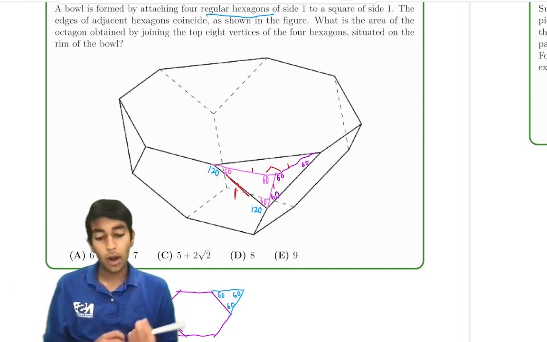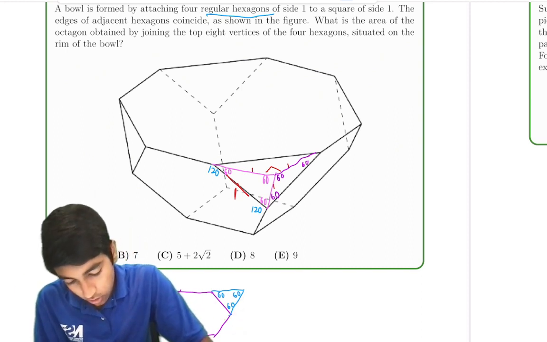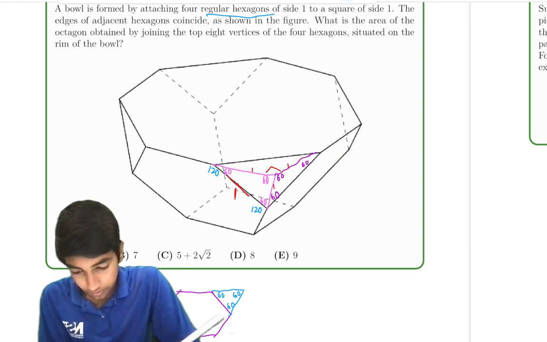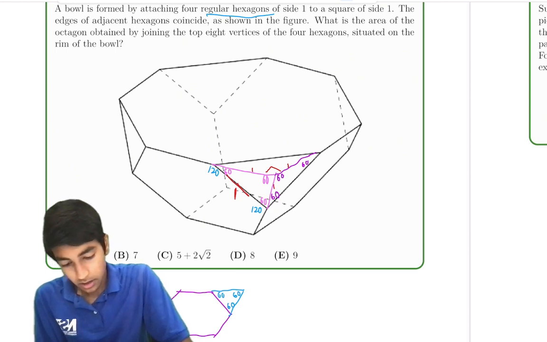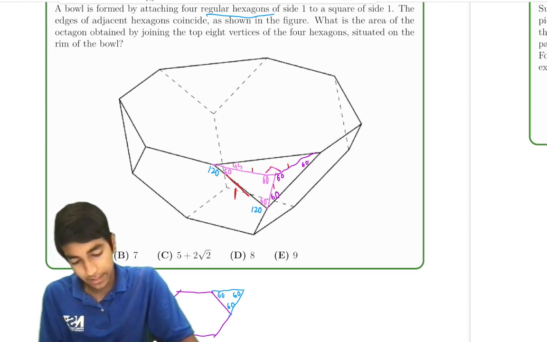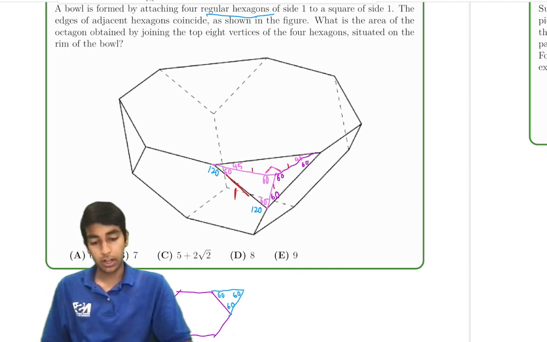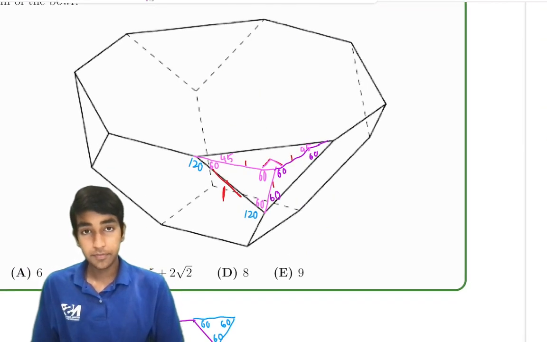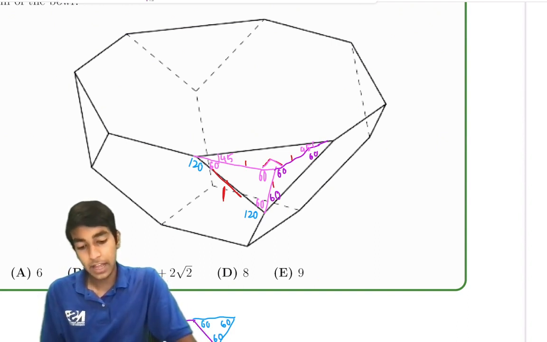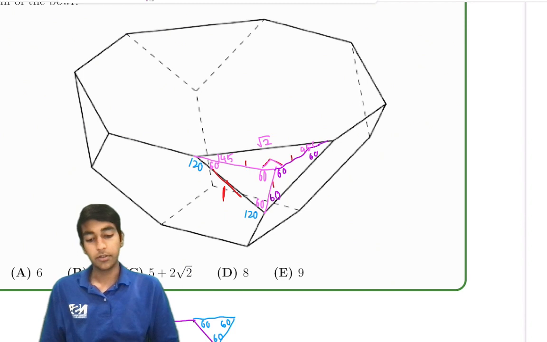It has to be a right angle. And because these two sides are congruent, because this angle is 90, this is a 45, 45, 90 triangle by isosceles triangle properties. Both angles here are 45. So by 45, 45, 90, this side is root 2.